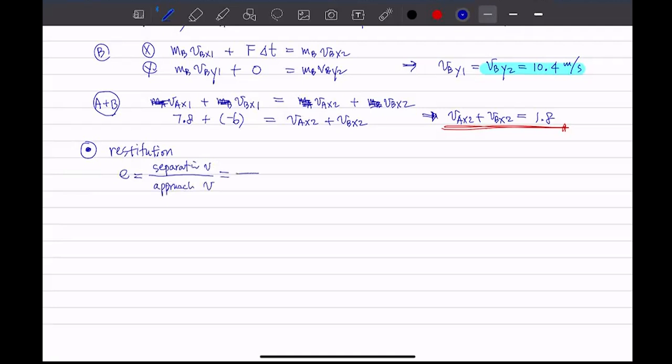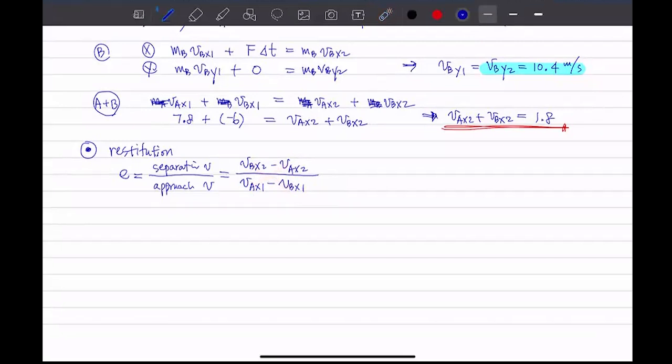And that is going to be vB,x2 minus vA,x2 over vB,x1 minus vA,x1. Make sure, again, it's separation divided by approach, and separation is time 2, right? So you want to have the subscripts 2 on the top and the 1 at the bottom. And if you have the subscripts across from each other in this way, then you're going to be safe.